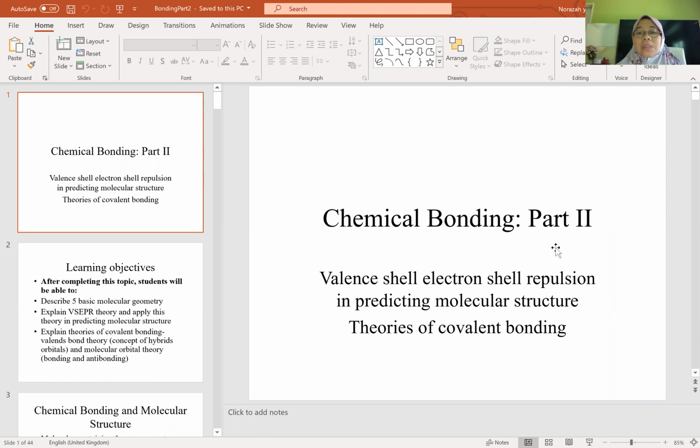The first one is valence shell electron pair repulsion, known as VSEPR, and theory of covalent bonding, which consists of valence bond theory, in short VBT, and molecular orbital theory, in short MOT.